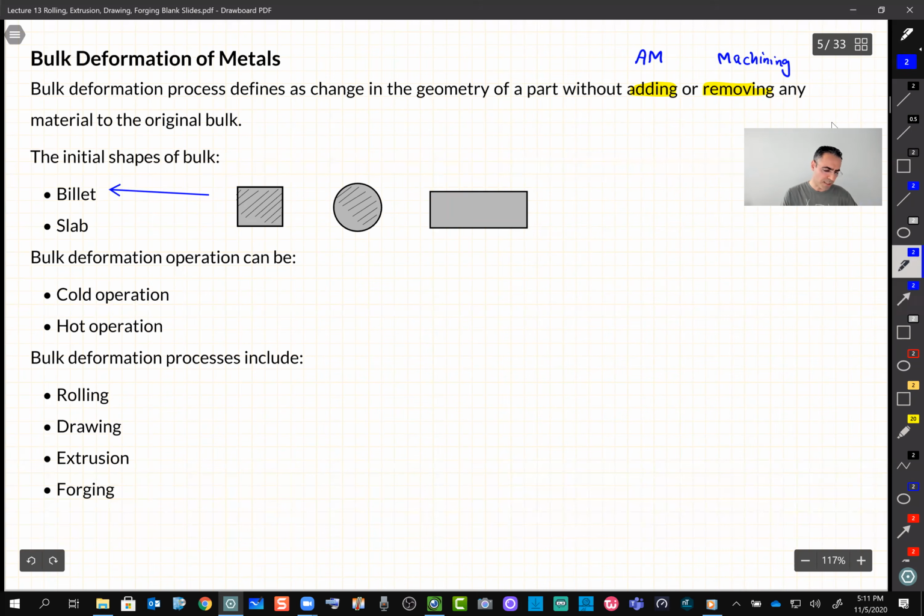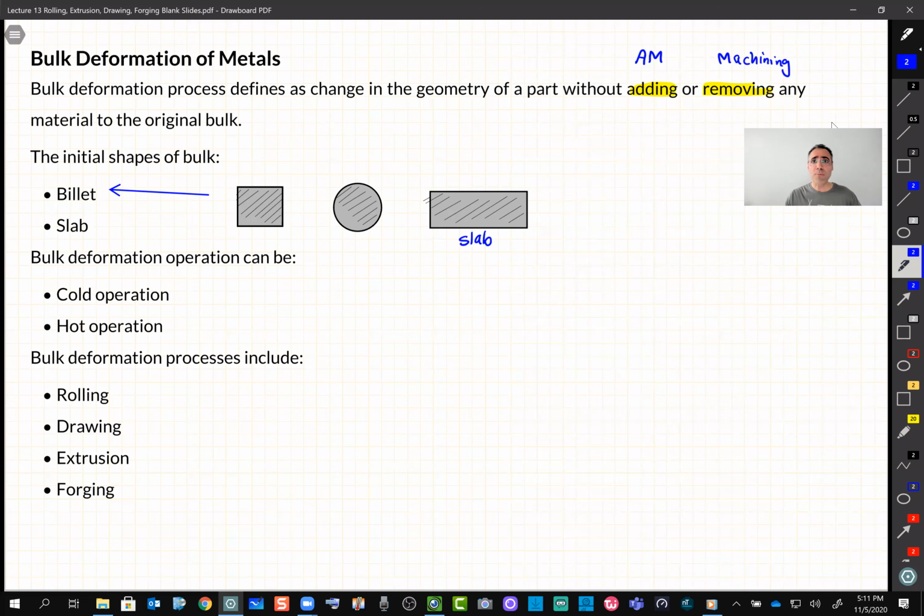If it is a rectangular cross section, then people use the term slab. But as I said, people use these terminologies interchangeably, and that's totally fine. The billet is the very common name for the original bulk material to start making things. This process can be cold and can be hot.